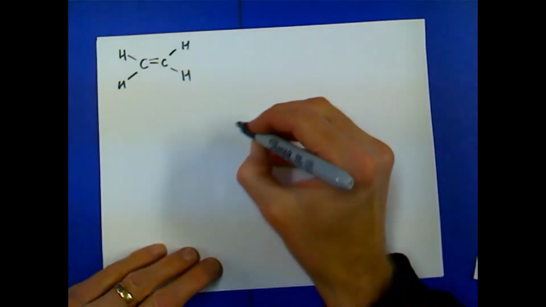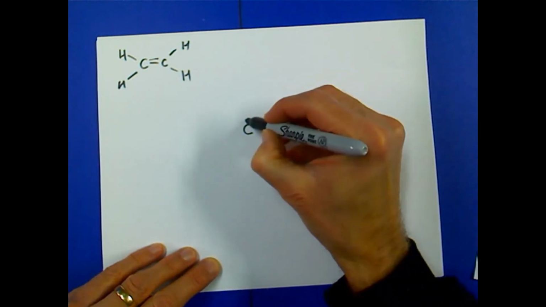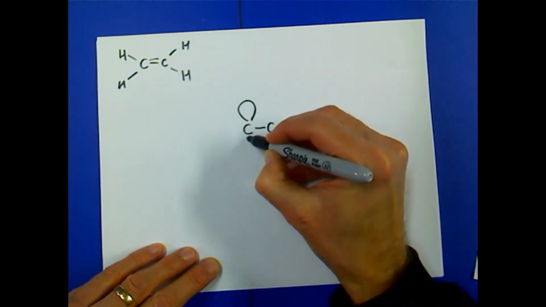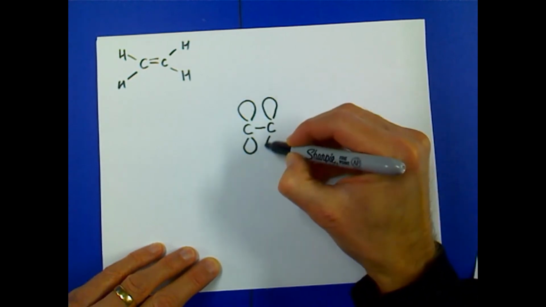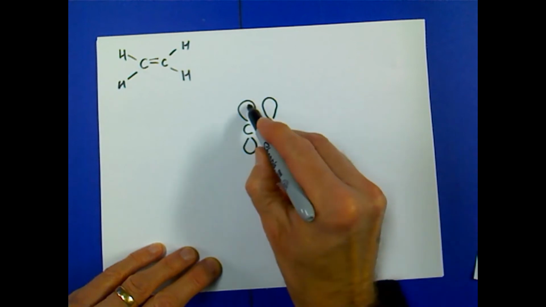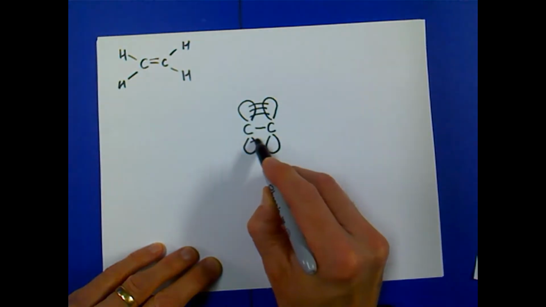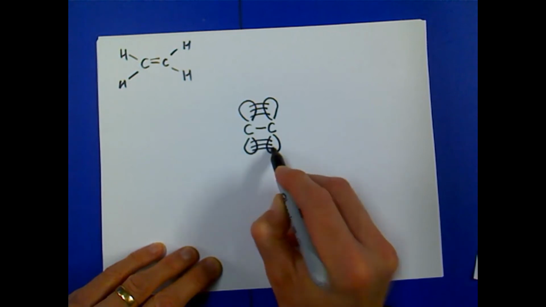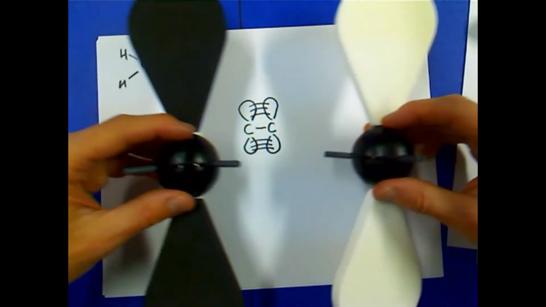And if we were to do that, and we were to imagine the two unhybridized p orbitals like this, above and below, what happens is there becomes an overlap of these two orbitals, and that is what forms the second bond. So there's a side-on overlap that we're going to envision happening like this.